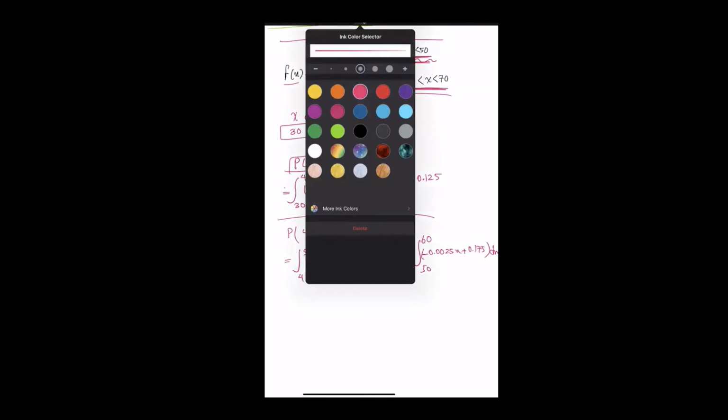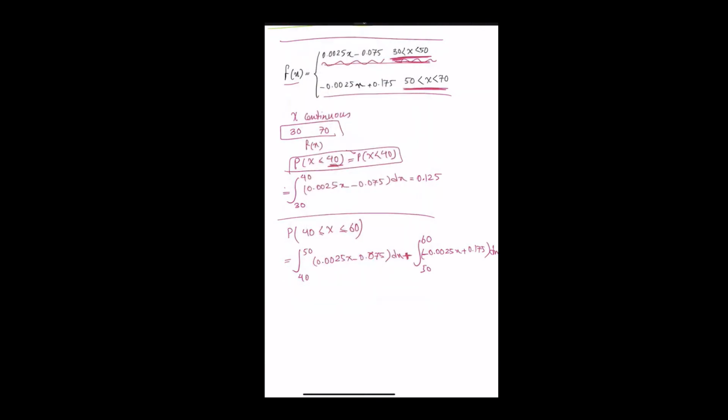In other words, since x is in two different ranges and gets different probability density functions, I can write it as the probability of x between 40 and 50 plus the probability of x between 50 and 60. And that's exactly what these probabilities are. Good.